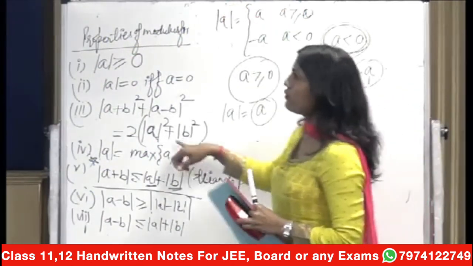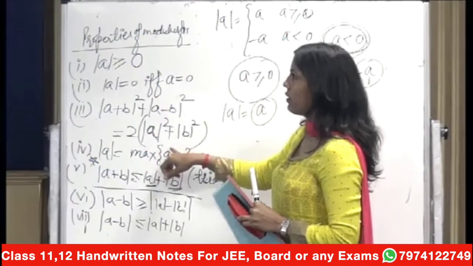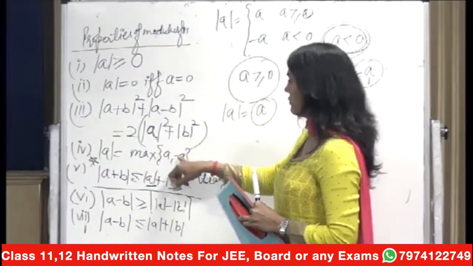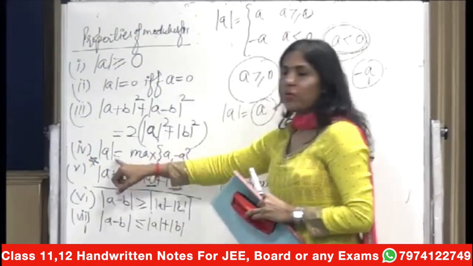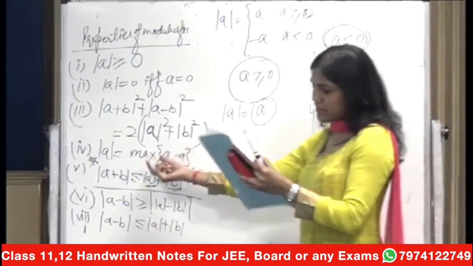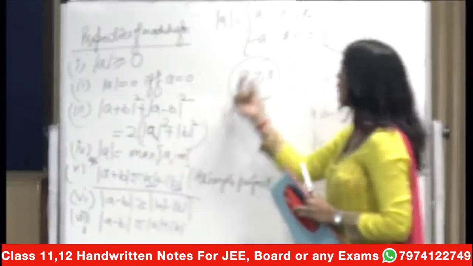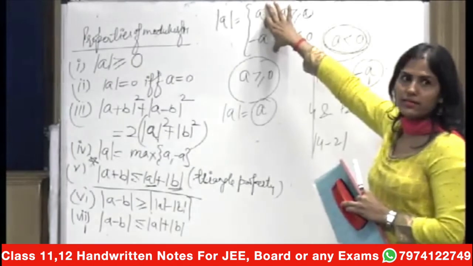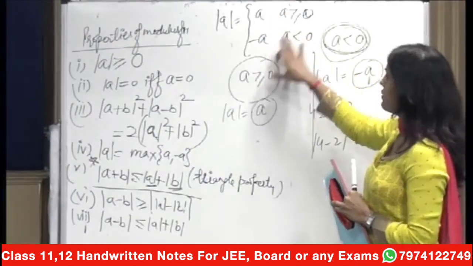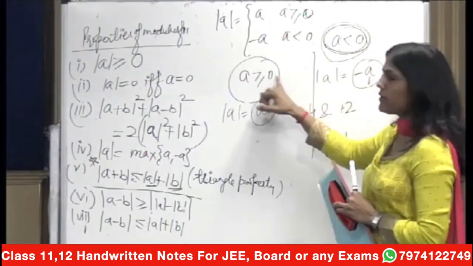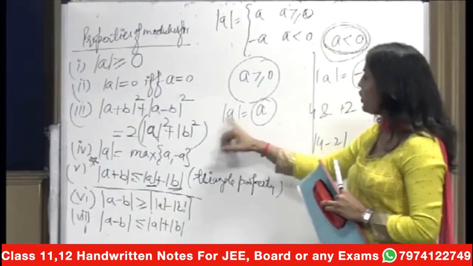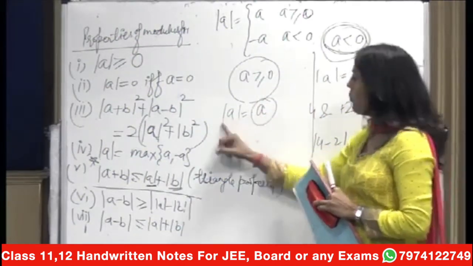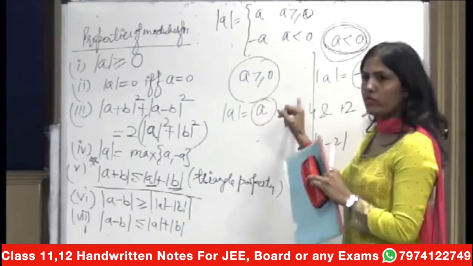Okay, now come to fourth and fifth property. Mod function is basically maximum of a and minus a. We have mod function defined like this. So first consider the case when a is greater than or equal to 0. So mod value will be a, and this is maximum of a and minus a.